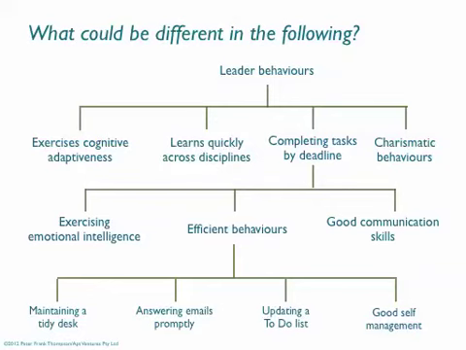Updating a to-do list is an observable behaviour, but is good self-management an observable behaviour? Or does it involve a number of things, not only a range of behaviours, not just one specific behaviour, but also attitudes, ideas, beliefs, etc. Let's see what our suggestion is.